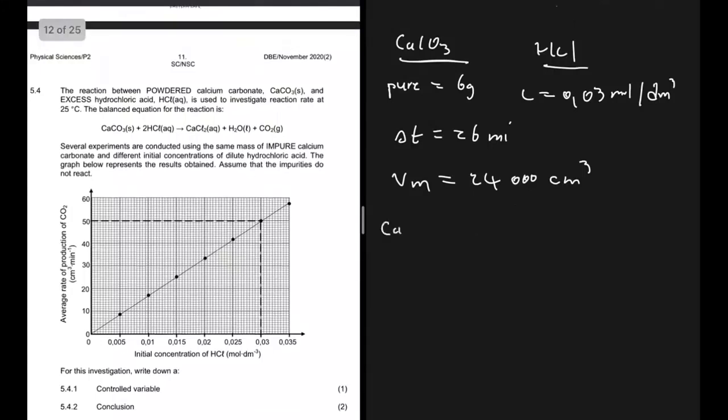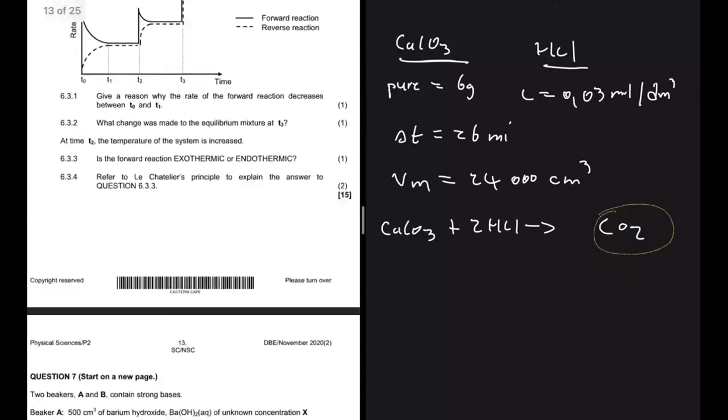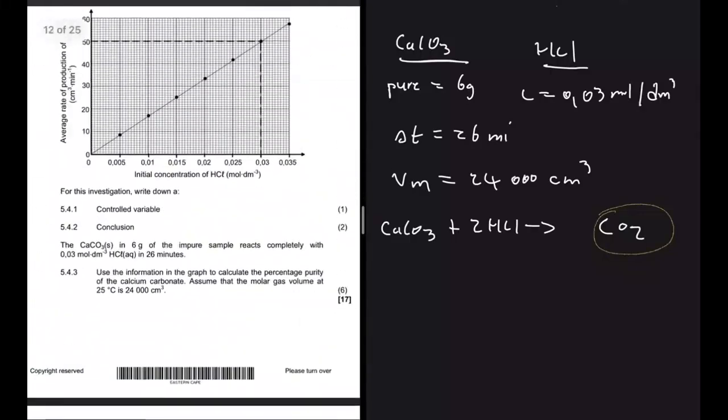So we have calcium carbonate plus 2HCl giving us, okay, let's ignore all the other products and just put CO2, right? Because CO2 is what we're interested in, because that's what we were measuring. So the question is saying, let's calculate the mass of CaCO3, right? And then what do we have?